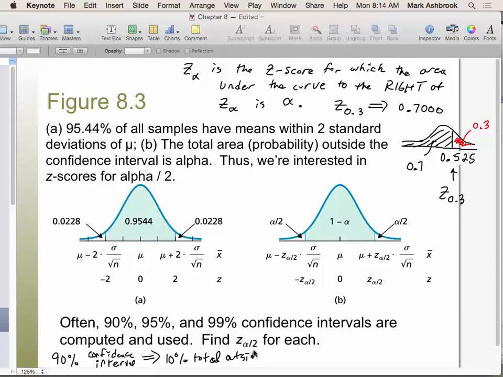So what percent would be to the right of this Z-score right here? We're doing a 90% confidence interval.